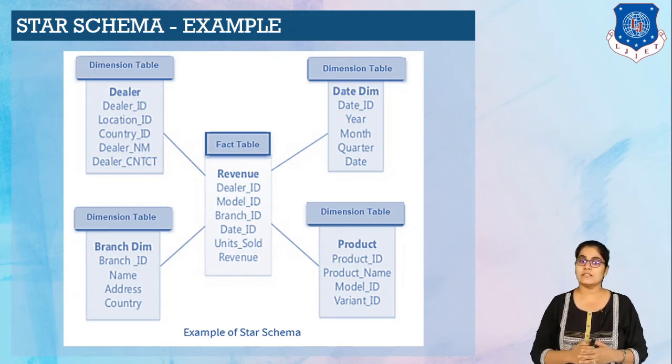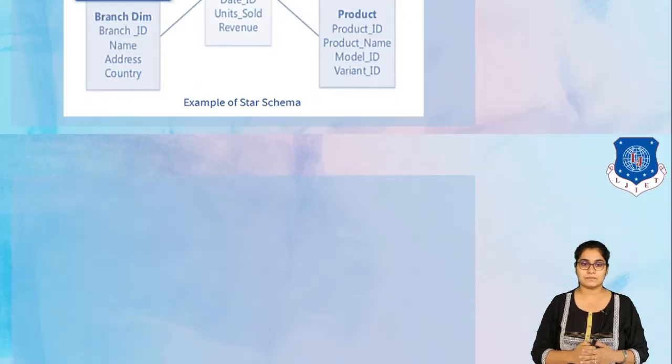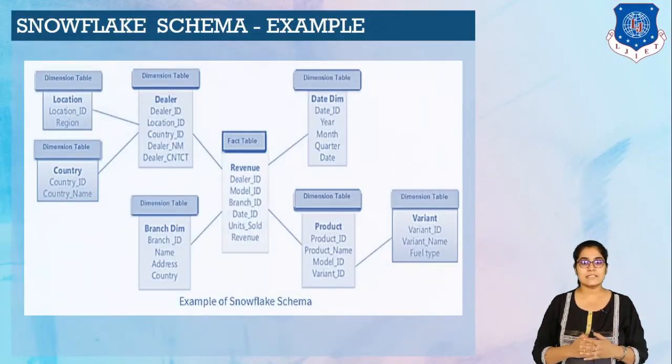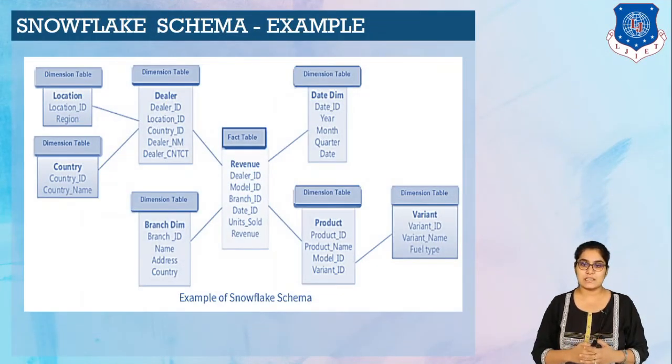Now let's have a look at the Snowflake schema. A Snowflake schema in a data warehouse is a logical arrangement of tables in a multidimensional database such that the ER diagram resembles a snowflake shape. A Snowflake schema is an extension of a star schema and it adds additional dimensions.